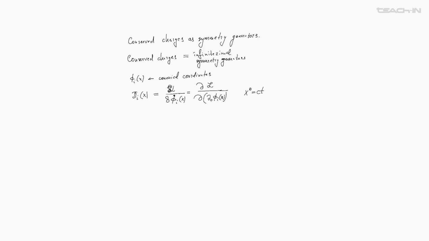Now, this relation between the momentum and the derivative of the Lagrangian density allows to express the velocity of the field in terms of canonical momentum.